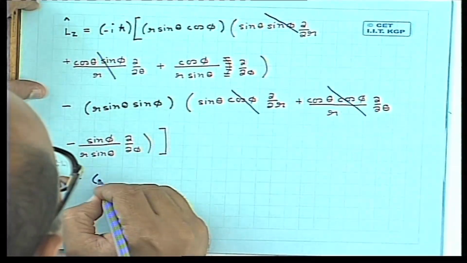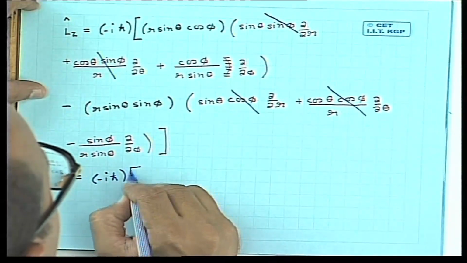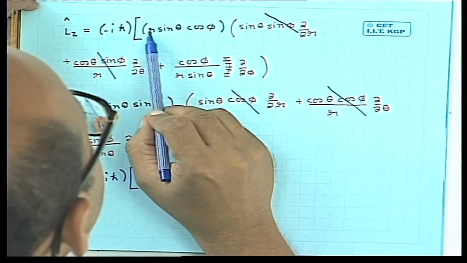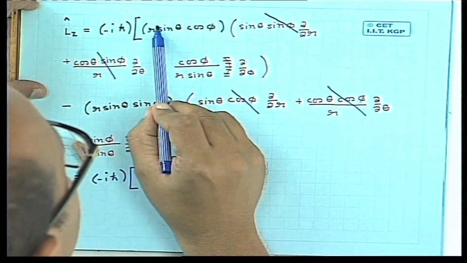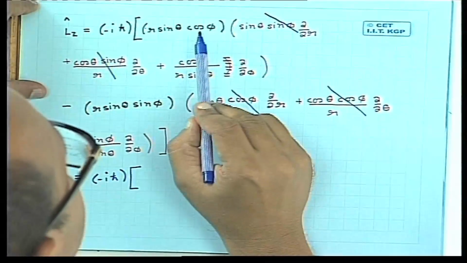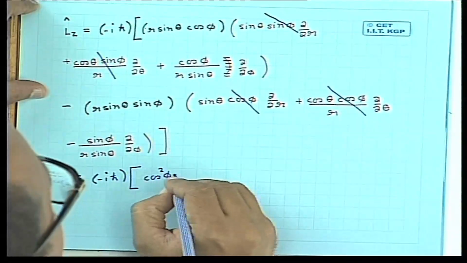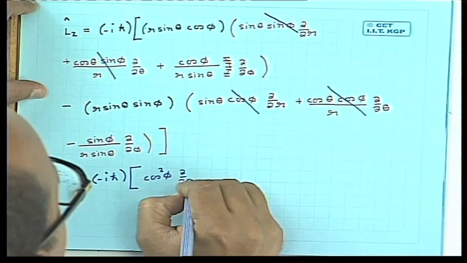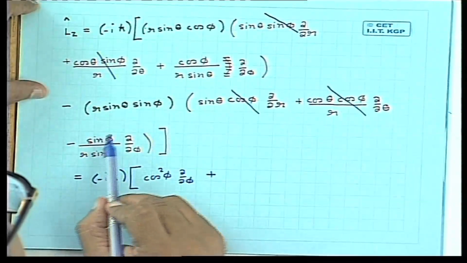So, we have minus i ħ, and then we have r sin θ cos φ, sin θ over here and sin θ over here, r and r, they both cancel out. What we have left is cos² φ ∂/∂φ, plus here we have minus minus, and then we have sin here and sin here.